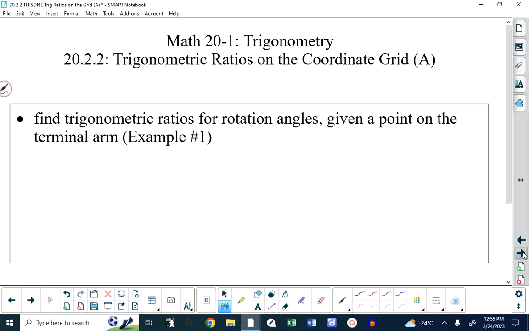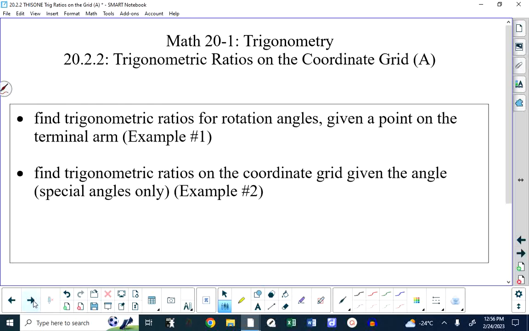So we're going to be finding trigonometric ratios for rotation angles, not for angles in triangles, for rotation angles if we know a point on the terminal arm of a rotation angle.